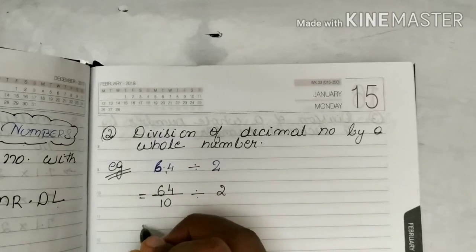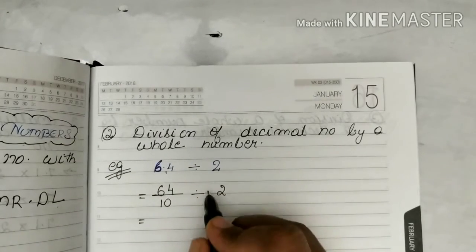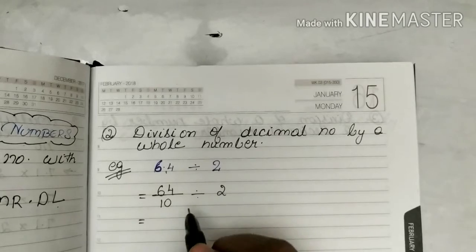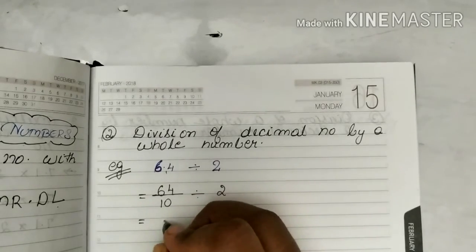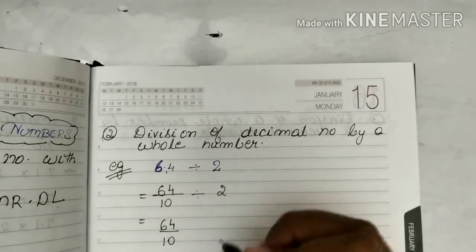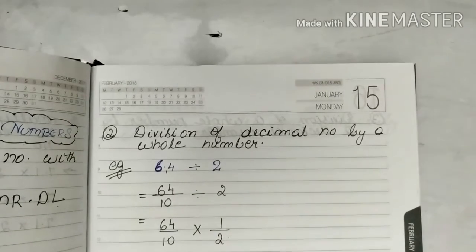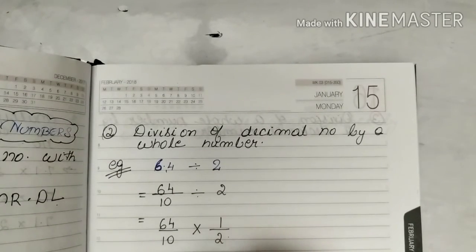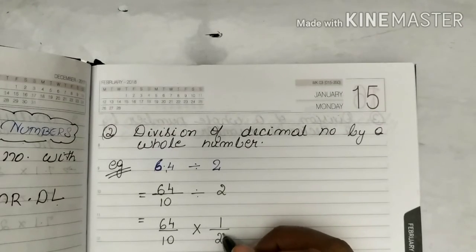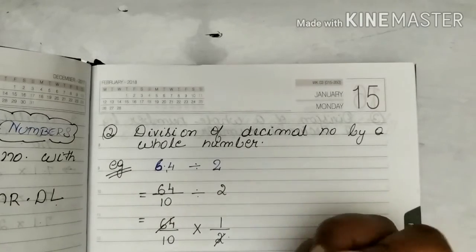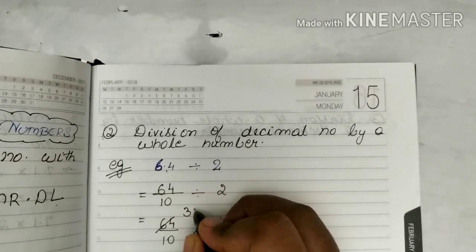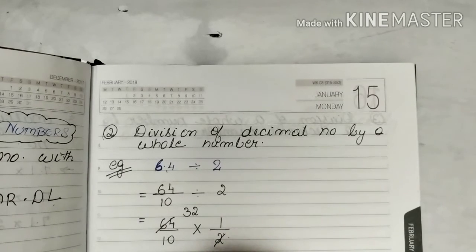Now the next step will be to do normal division that you have learned. Firstly we'll write 64 by 10, then find the inverse of the division, that is the reciprocal, and then do the calculations. So we can simplify over here. We can cancel 2, and we can write this as 32. So we have 32 divided by 10.